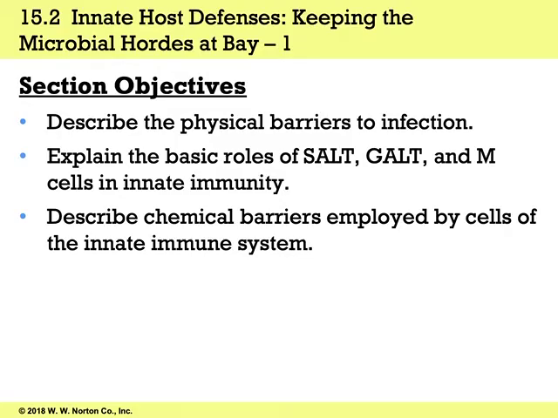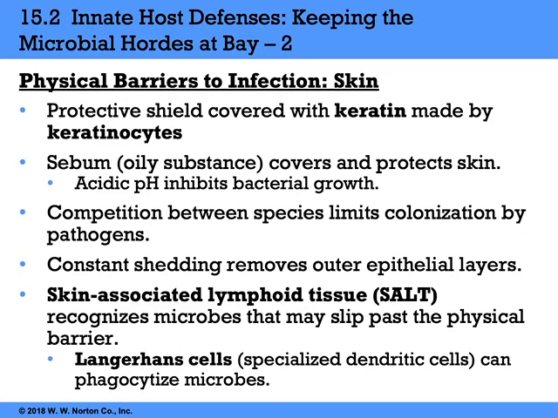Okay? We'll talk about the physical barriers to infection, talk about SALT, GALT, and M cells in innate immunity, and chemical barriers used by cells of innate immunity. So we talked a little bit about skin already, right?